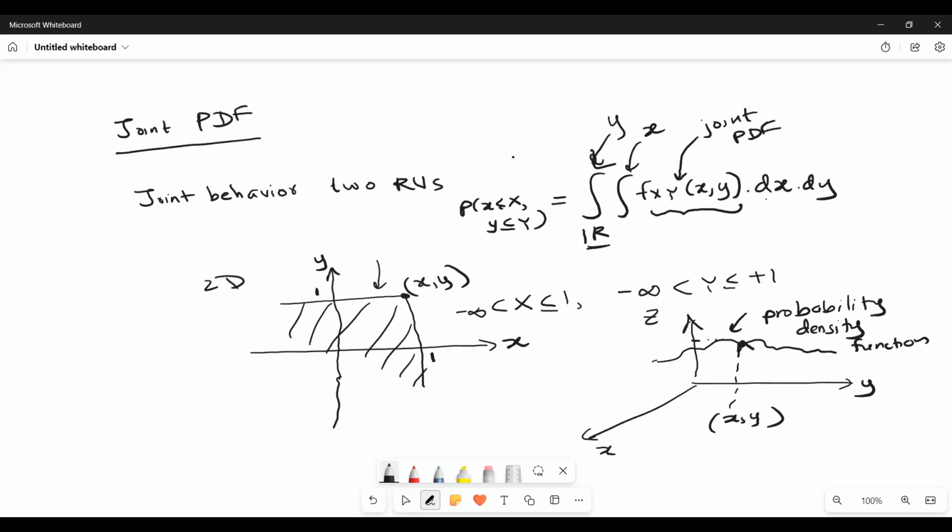We can find this using this integration, and that probability value comes once we do the integration with respect to dx and dy. So the joint PDF function is the one that allows us to find that probability. Once you integrate, you get the probability value. This is basically the definition of using the PDF function to find a probability value.